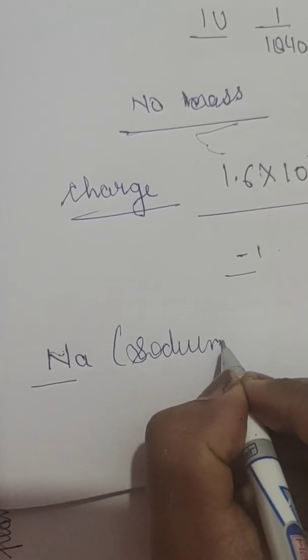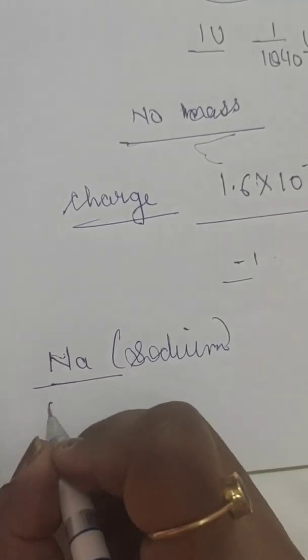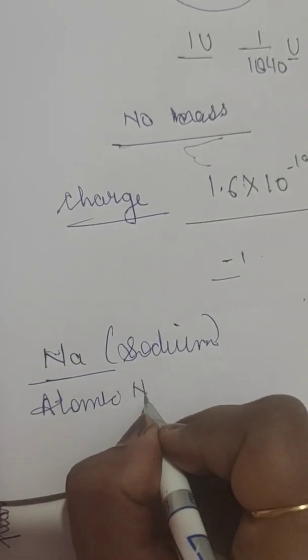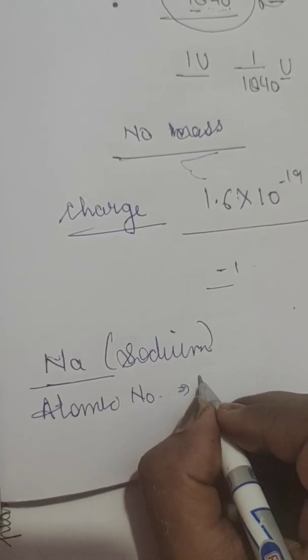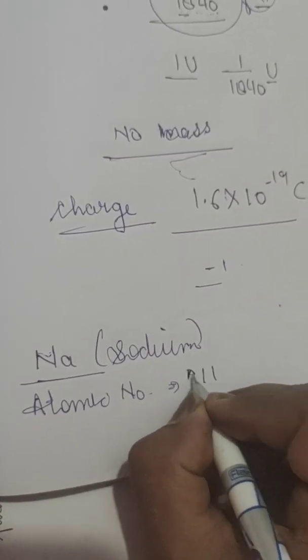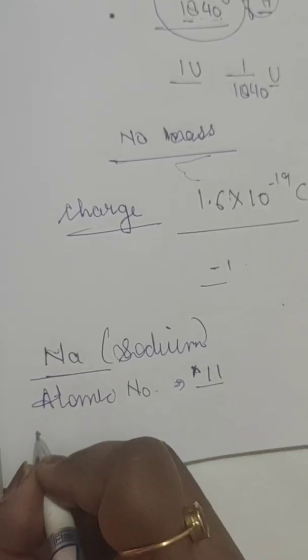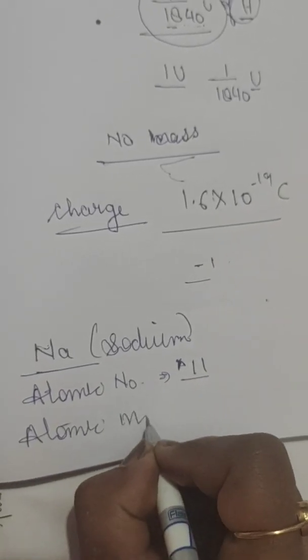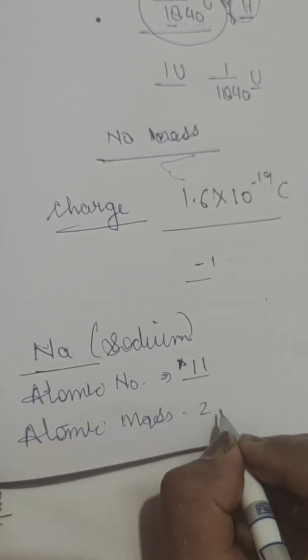Okay, so the atomic number of sodium is 11, and atomic mass is 23.